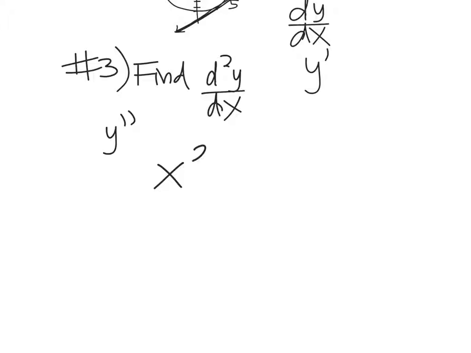X squared plus 4y squared equals 16. That's an ellipse. It's not written in standard form that we're used to. If it was written in standard form, everything would be divided by 16, and it would look more like an ellipse to you. But that is an ellipse, and we want to find the second derivative of that, okay?